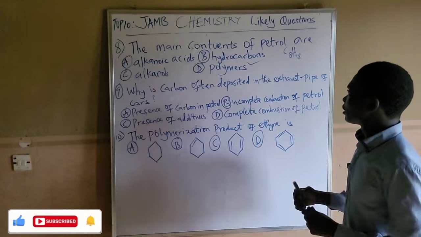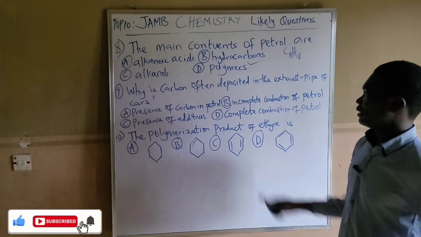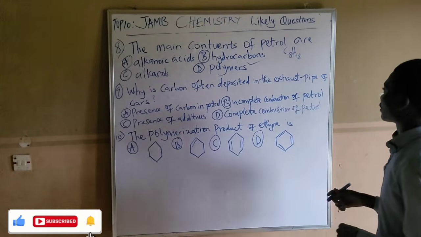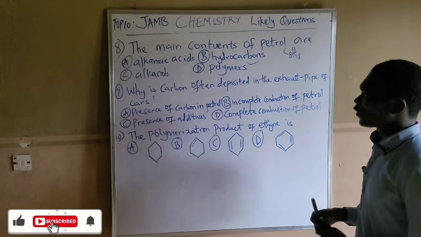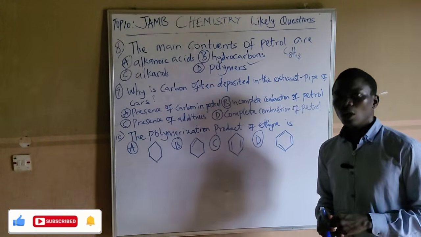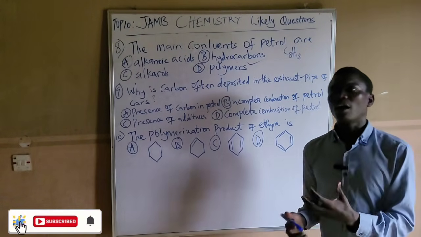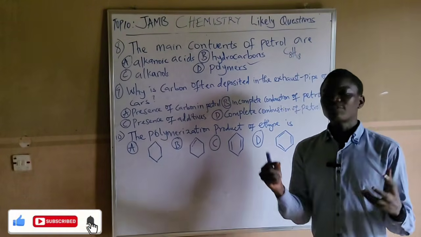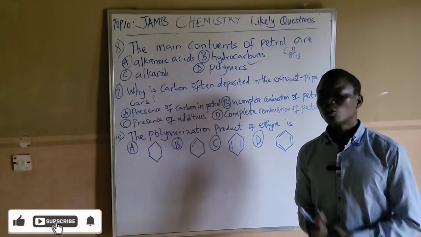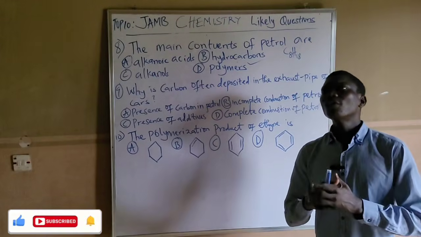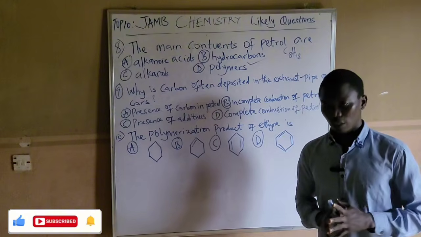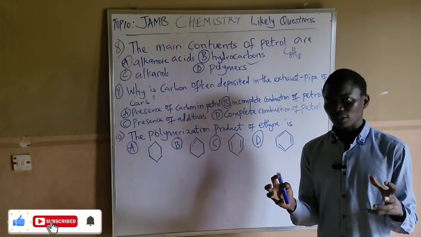Okay? And for number 9, it says, why is carbon often deposited in the exhaust pipe of a car? First of all, let me explain something to you. Have you ever observed that if you try to burn firewood, as an example, if you set fire on firewood, and the fire does not burn very well, you will start to see what?